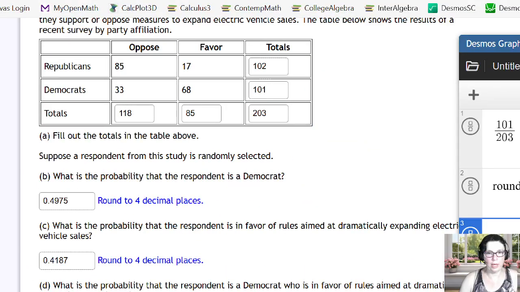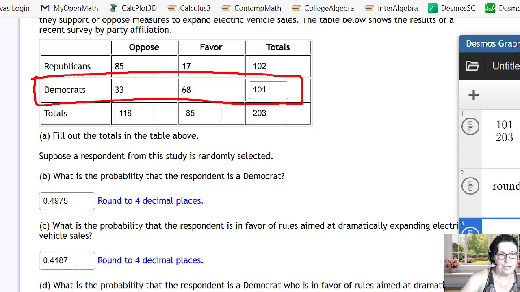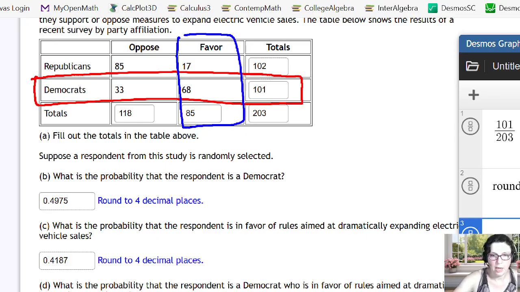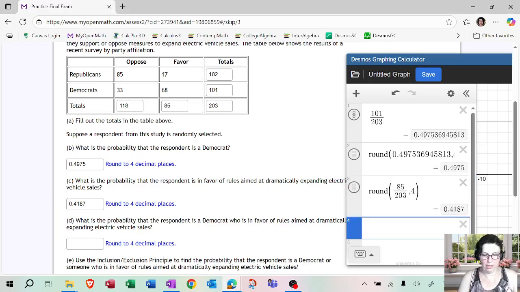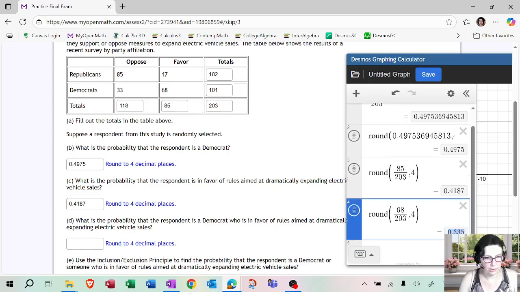When we look at the table, let's look at the Democrats, which would be all of these, and see where they overlap with the favor part. We can see that they overlap right here. That number should again be divided by the grand total in the table. The total number of Democrats in favor is 68, and we divide that by the grand total and round to 4 decimal places.